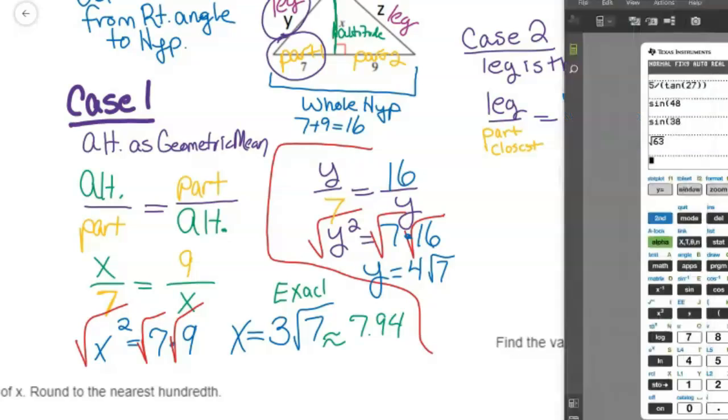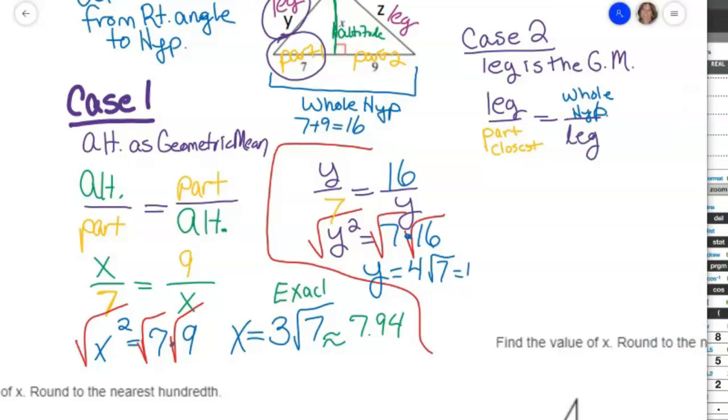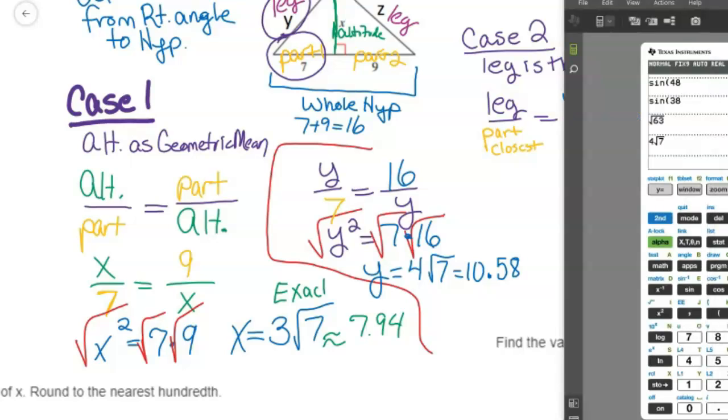And so 10.58. Okay, so far. Now, of course, if you would have done the square root of 7 times 16, we would have gotten the same thing.